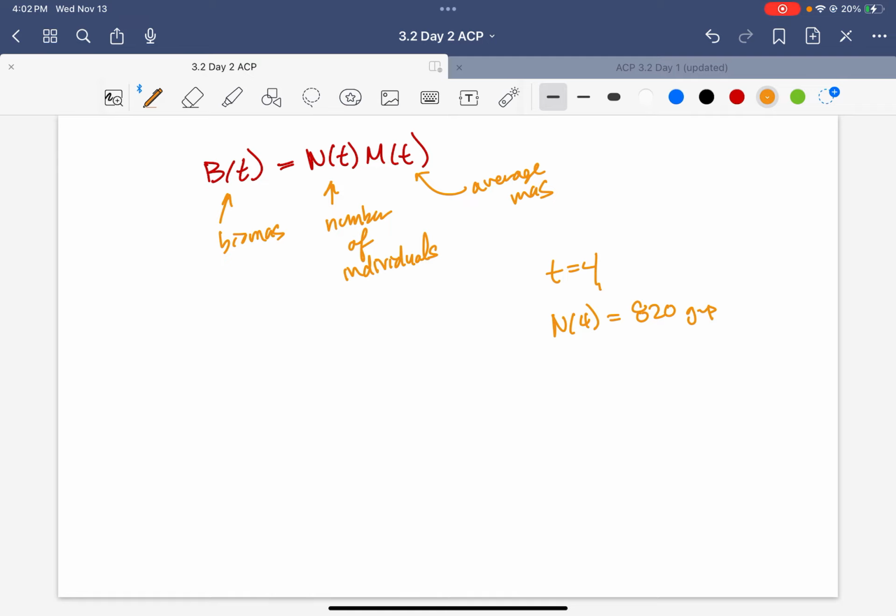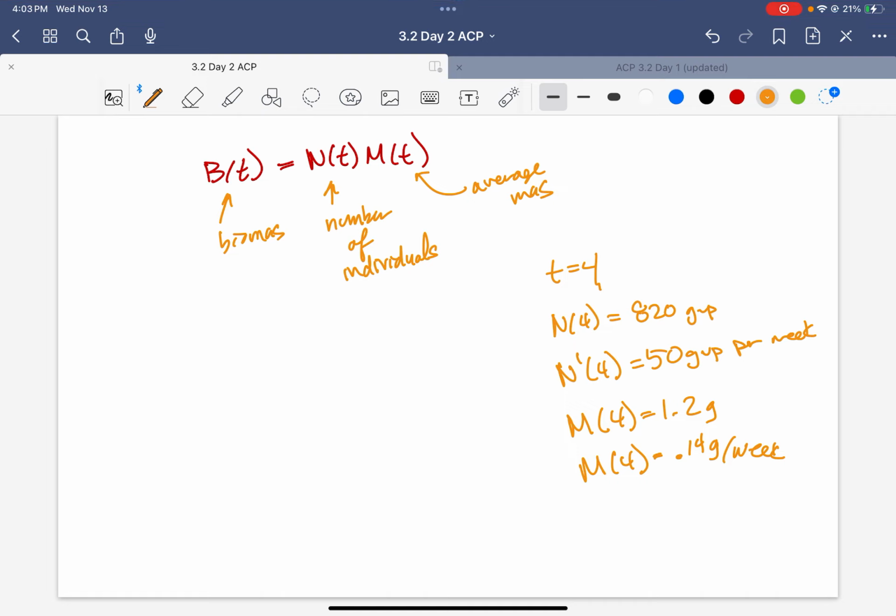And they say it's growing at a rate, so N prime of 4 is equal to 50 guppies per week. Then the average mass at 4 weeks is equal to 1.2 grams, and the mass is increasing at a rate of 0.14 grams every week.